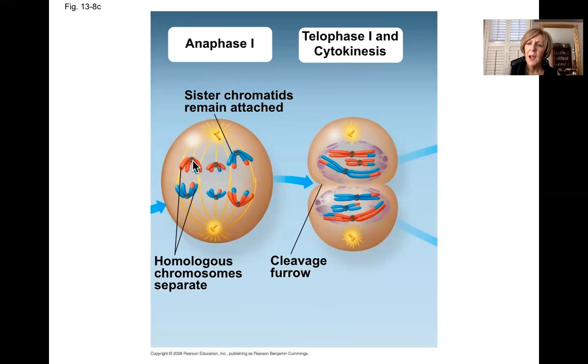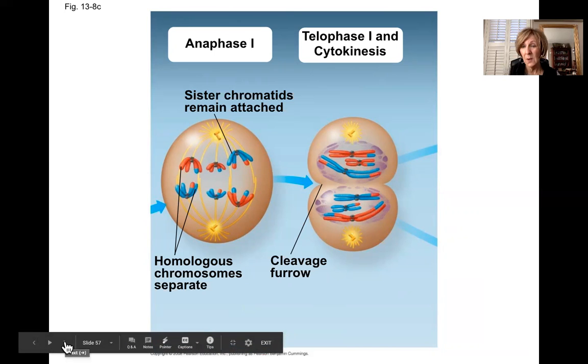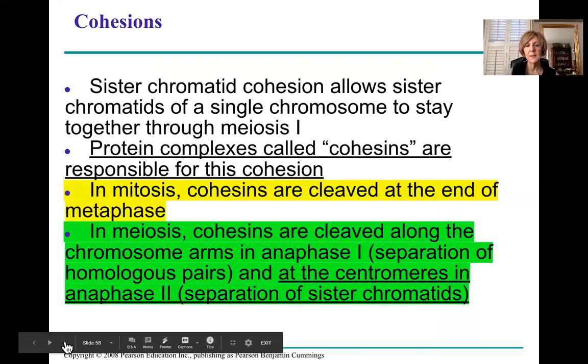Do you see how that centromere still has 2 chromatids on it, right? So the pairs of chromosomes are separating and they are going to equal poles. So I have reduced the number of chromosomes, but I still have double chromosomes because I still have two sister chromatids.